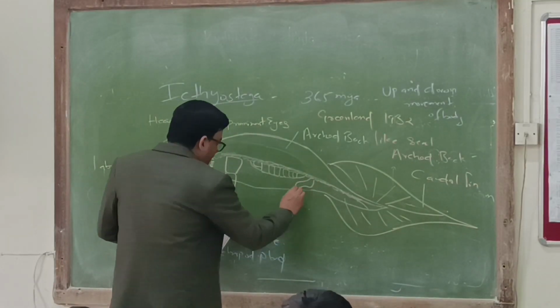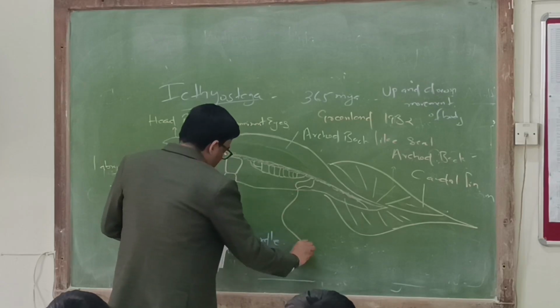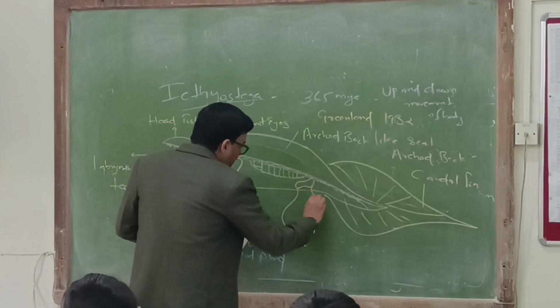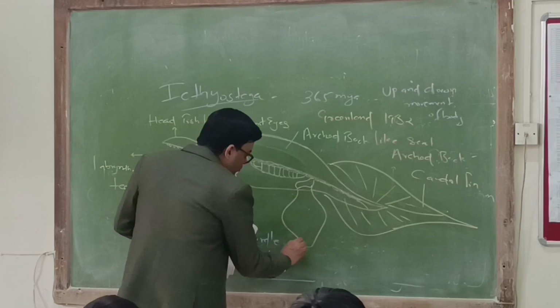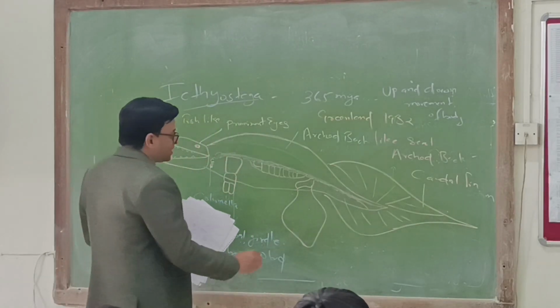And the pelvic girdle has a lobed fin having the tetrapod plan, and this part is totally conserved, and it follows the same rule.